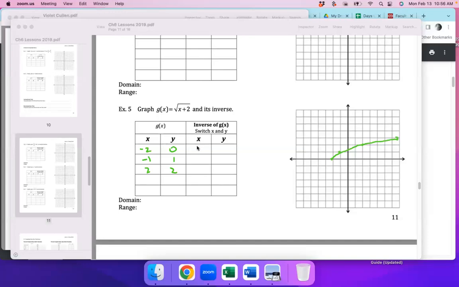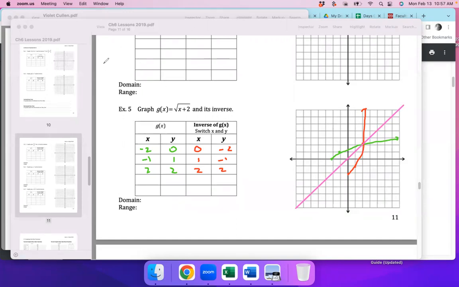Then next up, you have 0, -2, because you're going to switch, right? 1, -1, 2, 2. So 0, -2 is right here. 1, -1 is right here. And 2, 2. So it looks like that. See how it goes right through the middle.